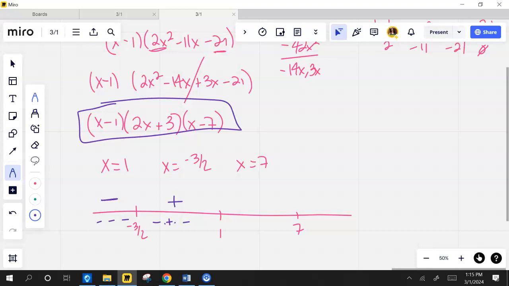Now, if you get confused and you want to plug the number in and see what you get, you shouldn't get 0 for any of them because you found all the zeros already.